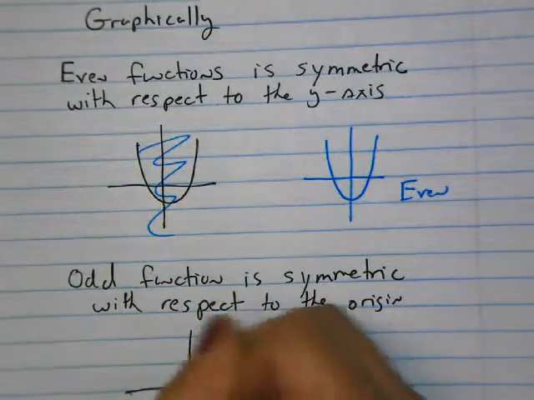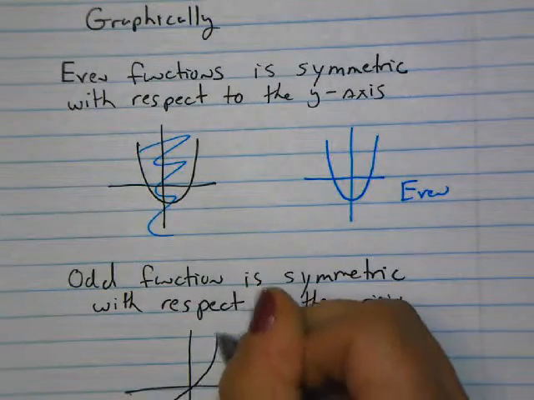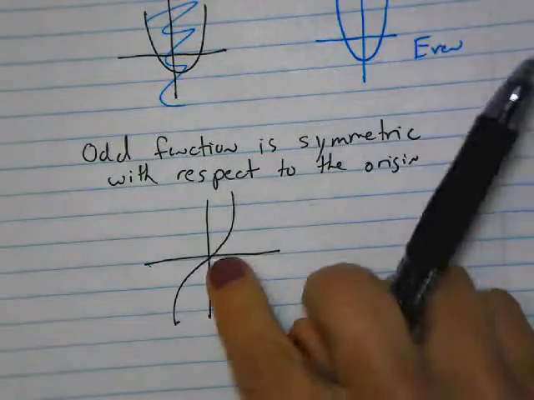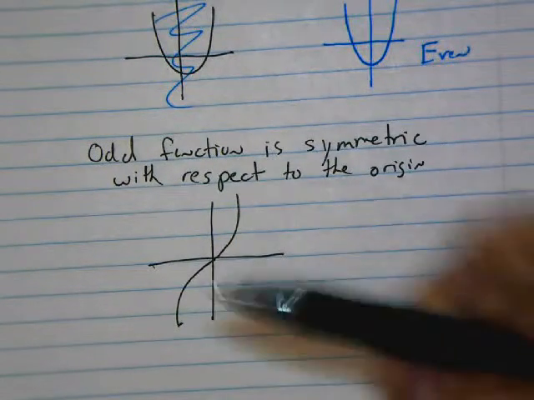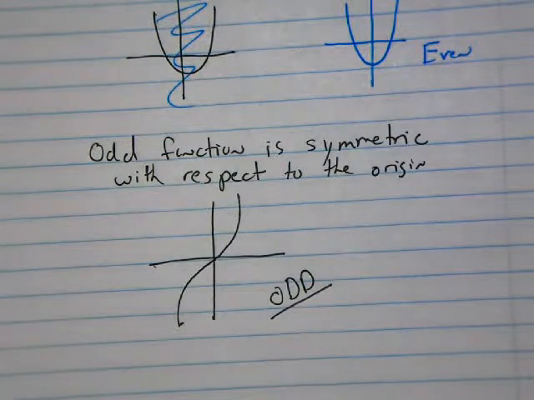What that means is that if you were to take this and rotate it about the origin 180 degrees, do the two pieces match? So in this case, this is an odd function. And a neither function is just going to look weird. It's just not going to make any sense at all. It's not going to be symmetric about either.